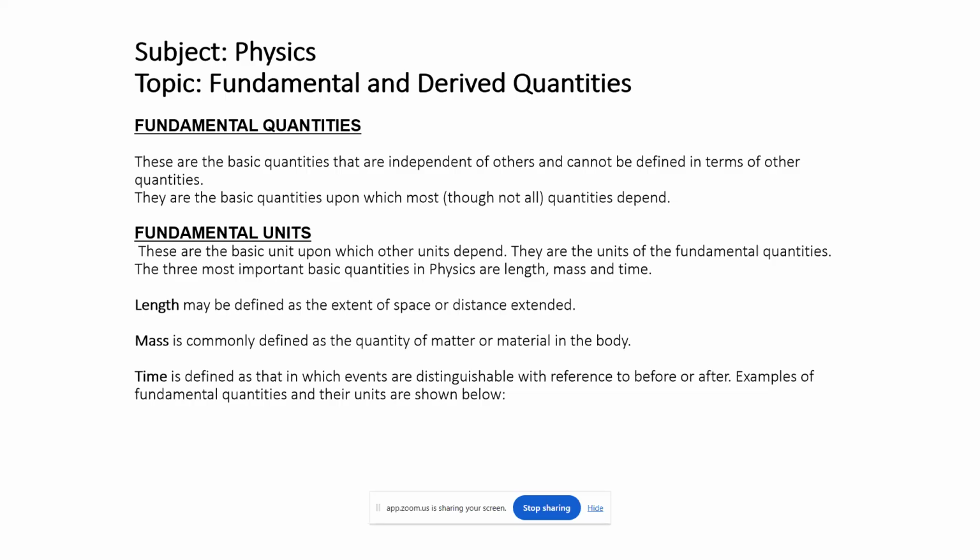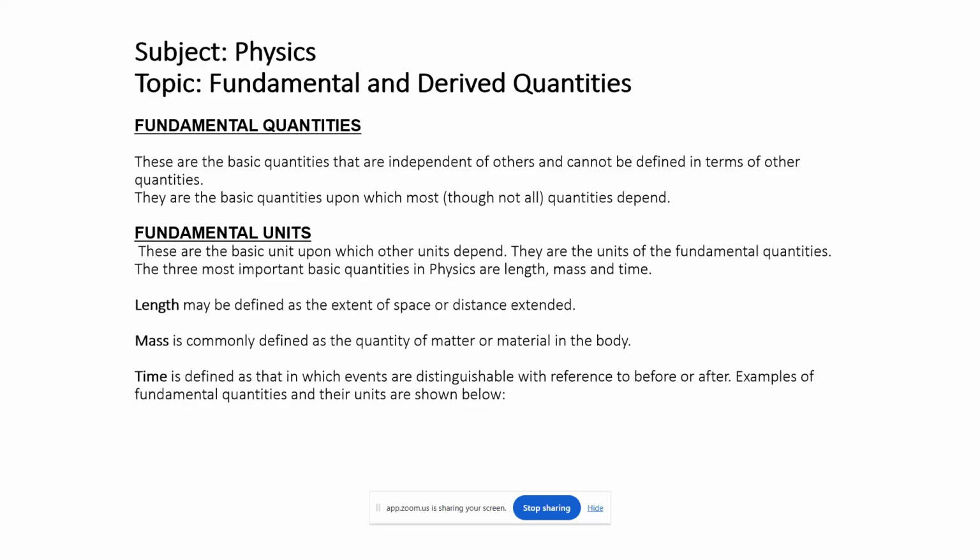So let's look at examples of these fundamental quantities. According to physics, we have three major fundamental units. Of course, we have more than that, but these three are what govern the existence of things on Earth and also in the universe. So I'm going to explain why I said that. Now, we have length.